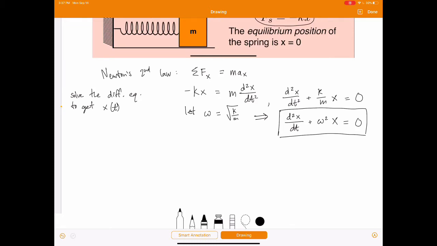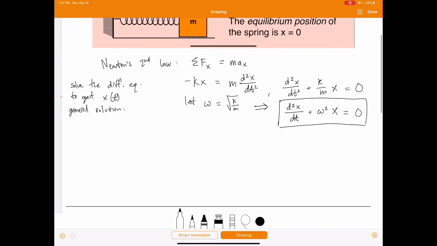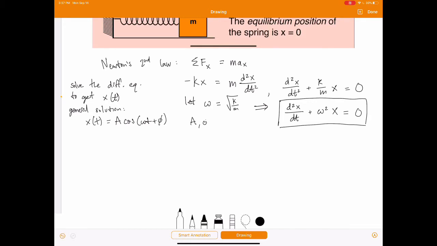Okay, and my claim is the general solution for x as a function of time is this: x(t) equals A times cosine of omega t plus phi, where A, phi, and omega are constants.